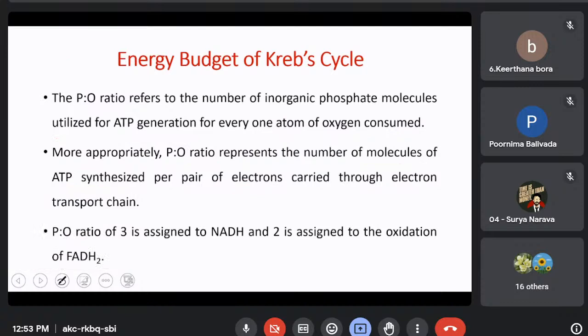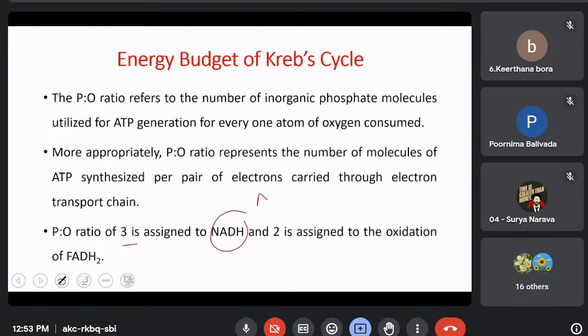So here, pair of electrons, why are we saying hydrogen? We know that it carries two electrons. And for each pair of electrons that are transported, one ATP molecule is said to be produced. And a P to O ratio of 3 is assigned to NADH.